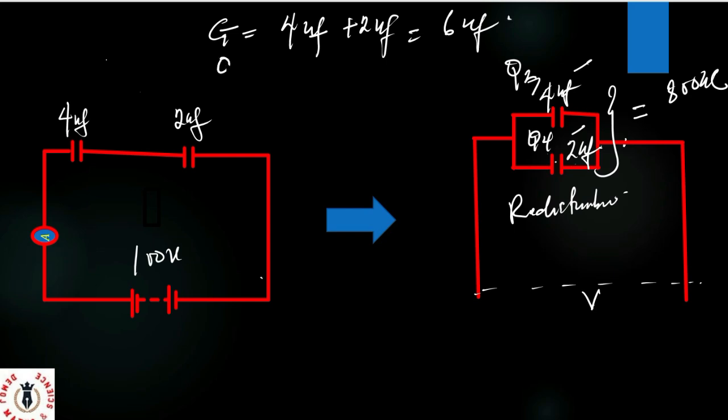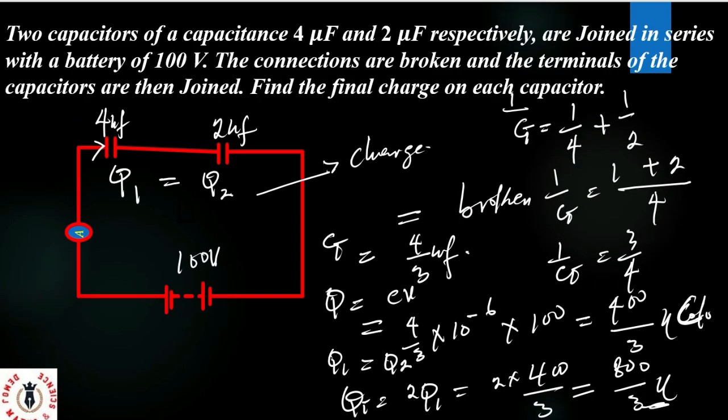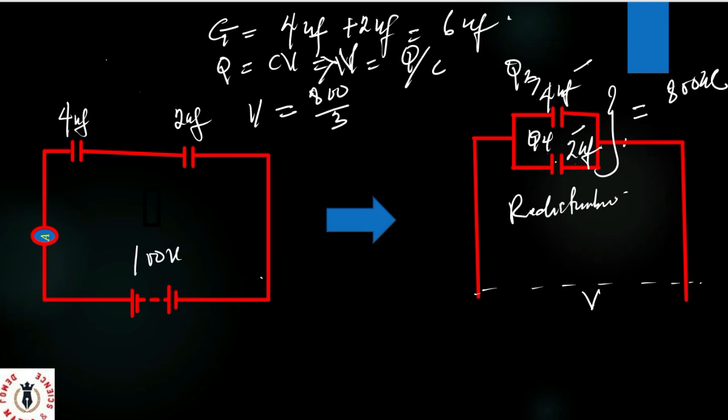Now we know Q is equal to CV, meaning my V is equal to Q over C. So that my V in this instance will be 800 over 3 microcoulombs, that's times 10 raised to the power minus 6, times 1 over 6 times 10 raised to the power minus 6.